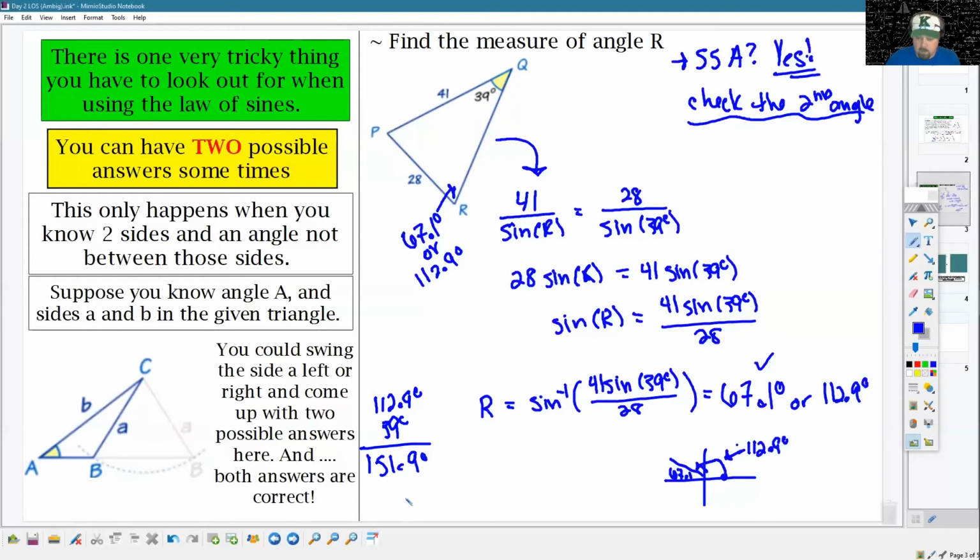So that means this is less than 180, meaning that this last angle over here could also take on two values. One of them could be 28.1 degrees. Or if it was 67.1, let's do 67.1 plus 39, and then figure out what's left over: 73.9.